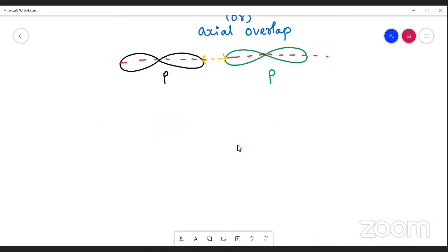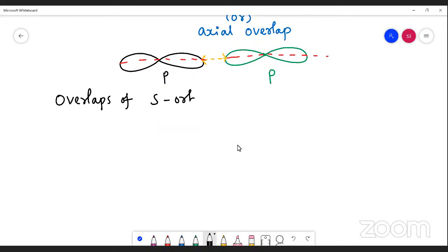There is also the possibility of overlapping of an s orbital, or you can have s and then p orbital overlap.